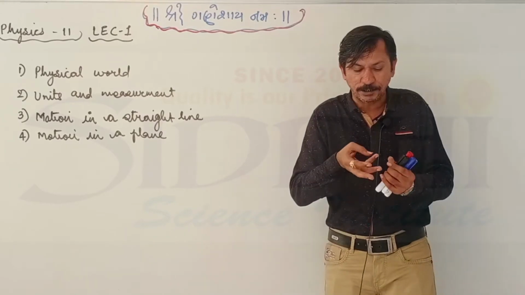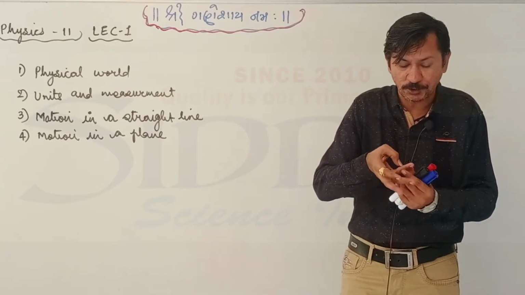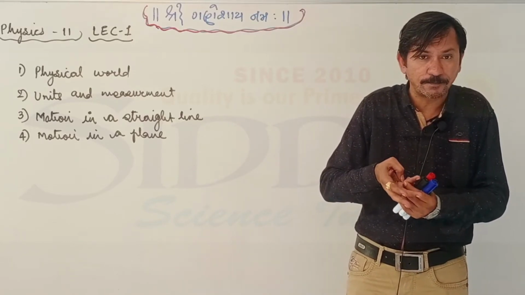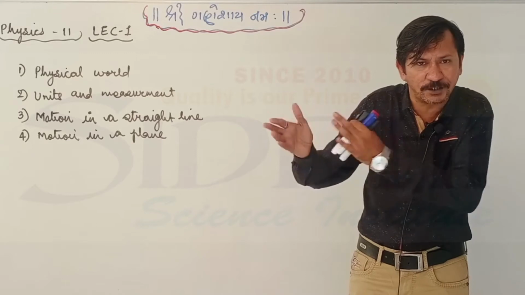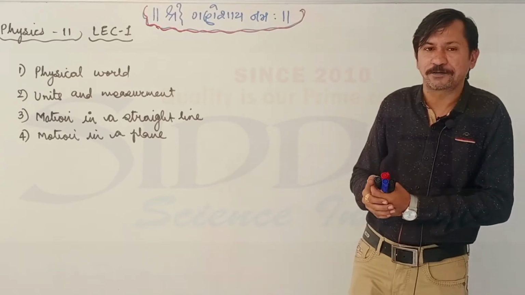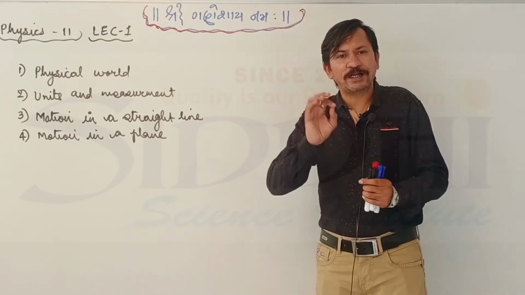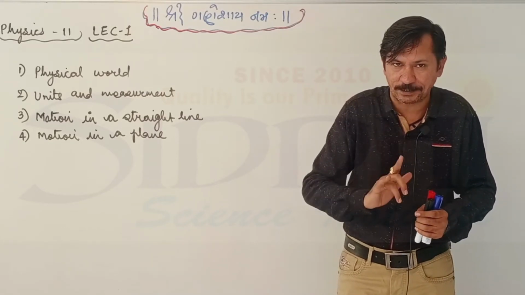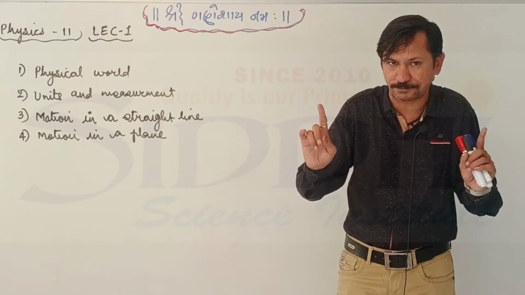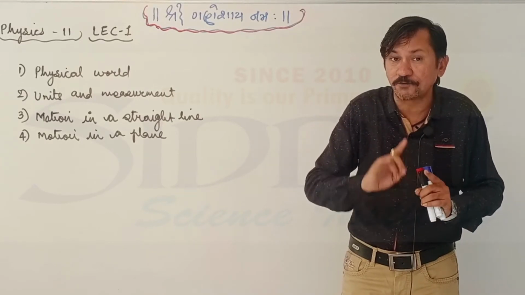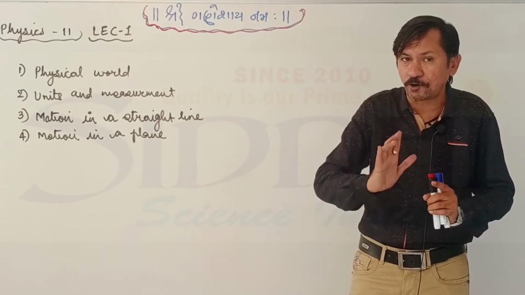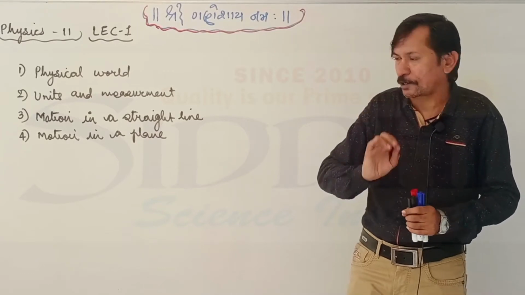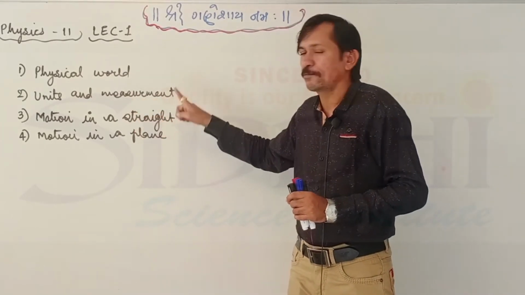In short, they are known as 1D, 2D, 3D. These are the words we use in our daily life. So friends, when an object moves in a straight line and doesn't change the direction, the motion is called one dimensional motion or linear motion or motion in a straight line.